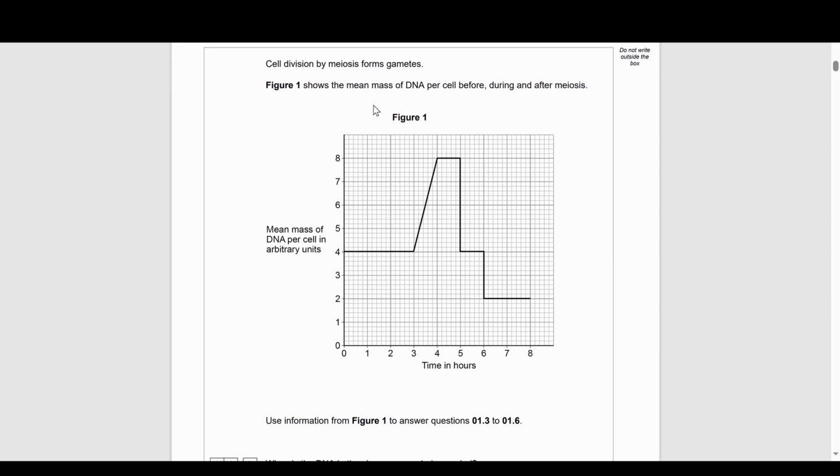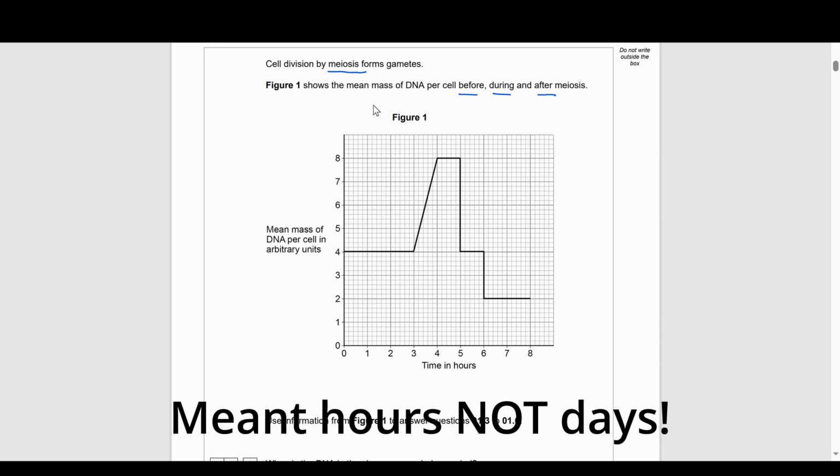Cell division by meiosis forms gametes. Figure 1 shows the mean mass of DNA per cell before, during, and after meiosis. Use information from Figure 1 to answer questions 1.3 to 1.6. Looking at the graph now, we can see that the mass of DNA per cell stays at 4 for about 3 days, then increases to 8, so that's doubling there.